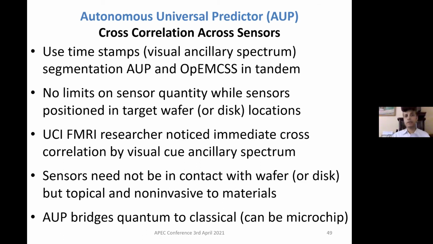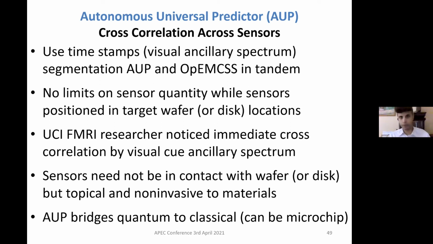Well, yeah, in general, because when you're working with things in the quantum, you're going to cut through a lot of stuff that normally you couldn't if you're in a classical world. So, a UCI fMRI researcher noticed immediate cross correlation by a visual cue, as I mentioned earlier.